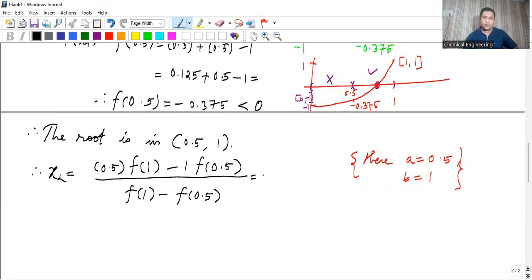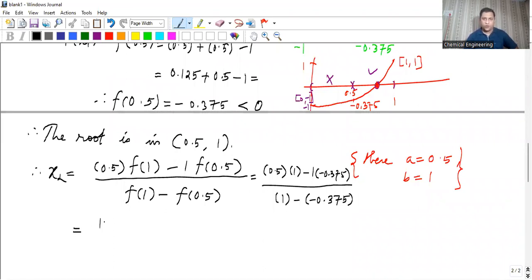Yes, sir. So now let us calculate. It is 0.5 into 1 minus 1 into minus 0.375, upon 1 minus minus 0.375. Now let's simplify this.